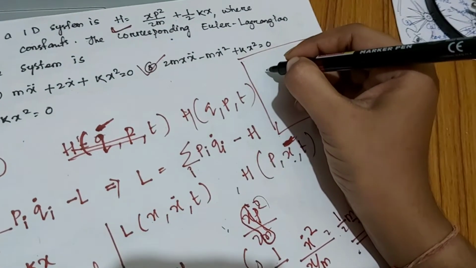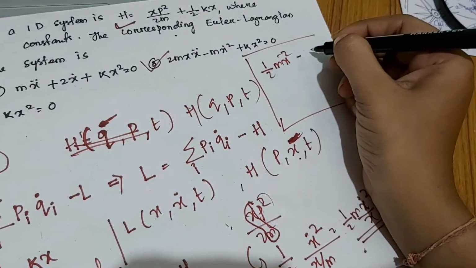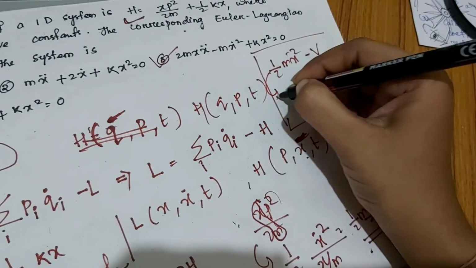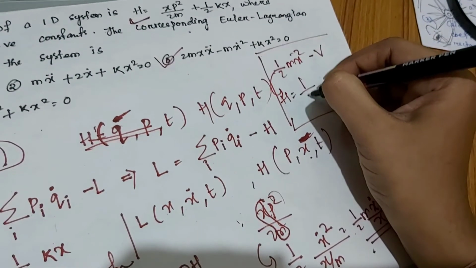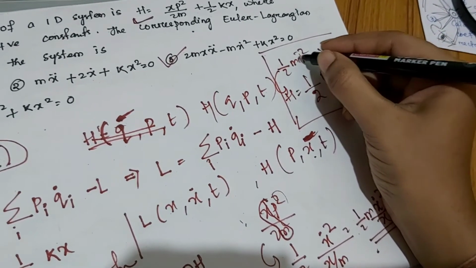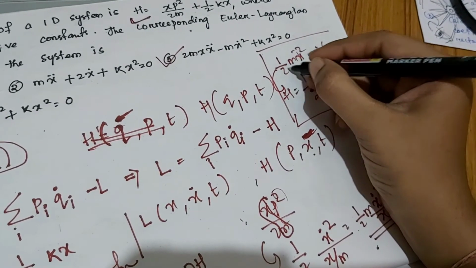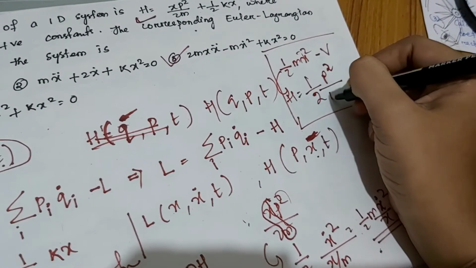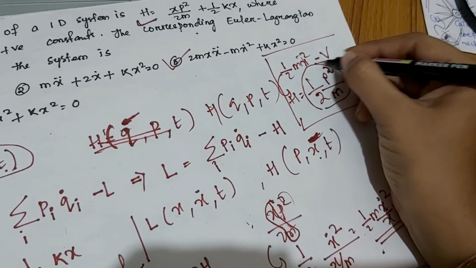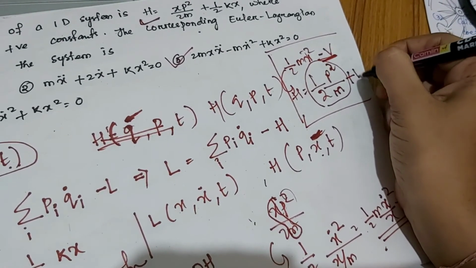So just we have to see this one, if the Lagrangian is half m ẋ² minus V. If I convert it to the Hamiltonian, just put the half here, and in place of ẋ write p, so this becomes p², and everything else divide that one. p² by 2m becomes the Hamiltonian, and the potential part we just change the sign.